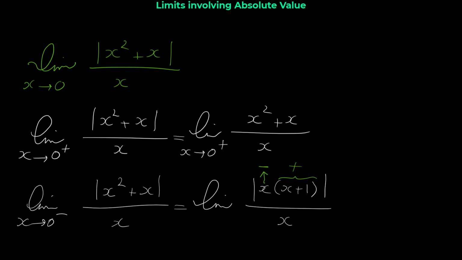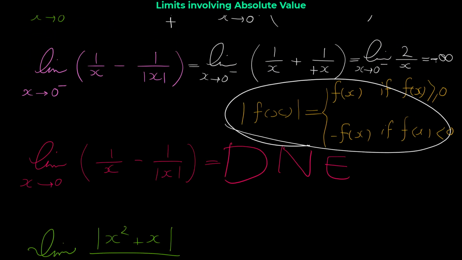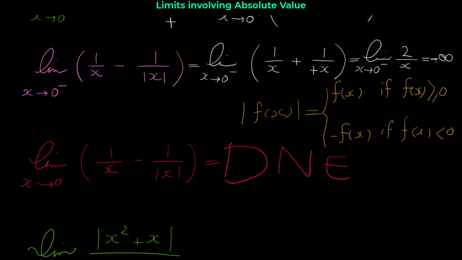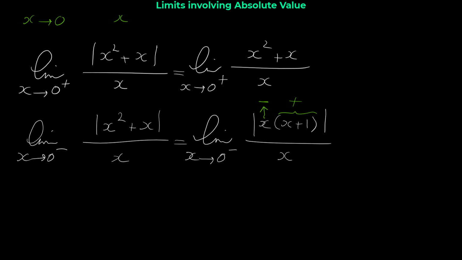And now, based on the definition of absolute value, if the expression is negative, the absolute value of that expression equals the negative of that expression. So the absolute value of x to the 2 plus x, or of x times x plus 1, I should emphasize, x times x plus 1 is actually x to the 2 plus x, but we factored it this way, would be the negative of that expression.